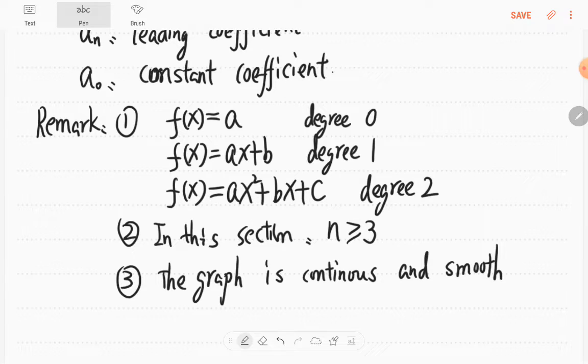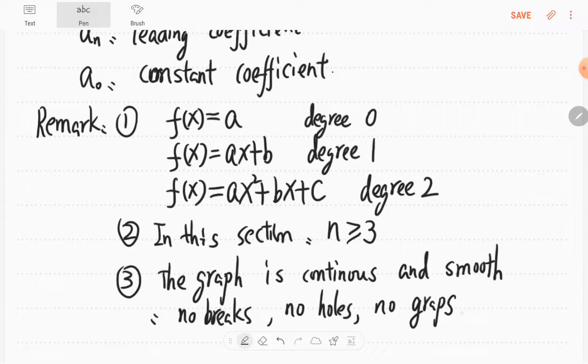Okay, what does this mean? This means there are no breaks on the curve, no holes, no gaps, and no sharp turns.